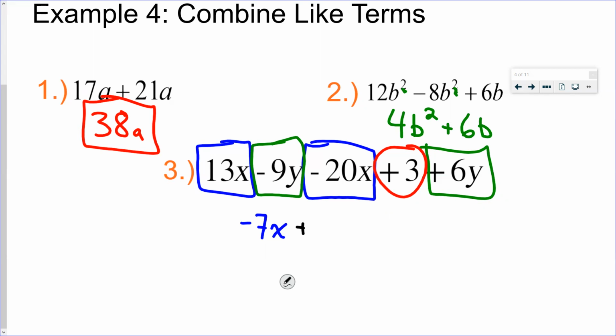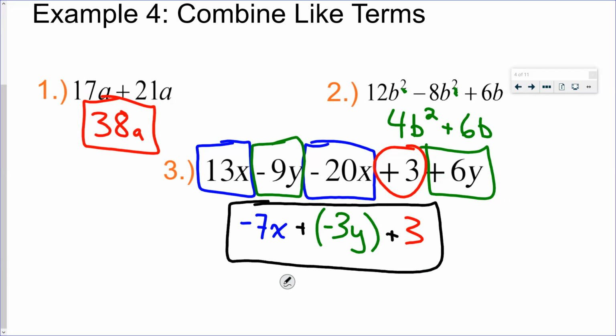So it's negative 9 plus 6. Negative 9 plus 6 is going to give us negative 3y. And then we're just going to include the plus 3. And these cannot combine because they're not like terms. So is this problem in simplest form?